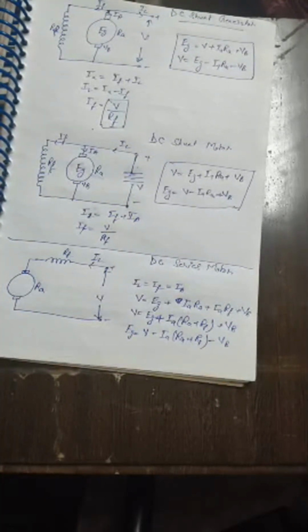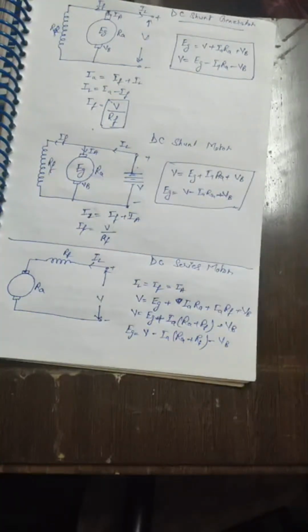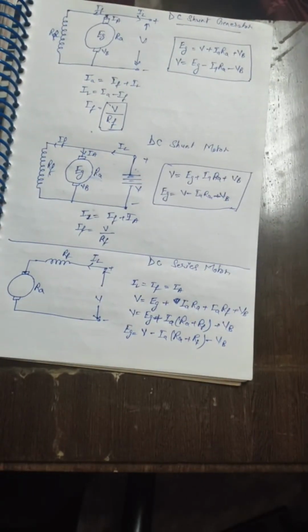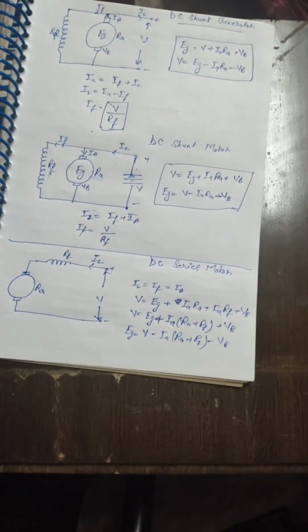As we see, in the DC shunt generator, the field winding is connected in parallel and has a large number of turns with minimum thickness, because the length increases the resistance and the lower cross-sectional area also increases the resistance, which allows the minimum current that is required for maintaining the flux, and the generated voltage can be set up in the circuit. So maximum output can be obtained.